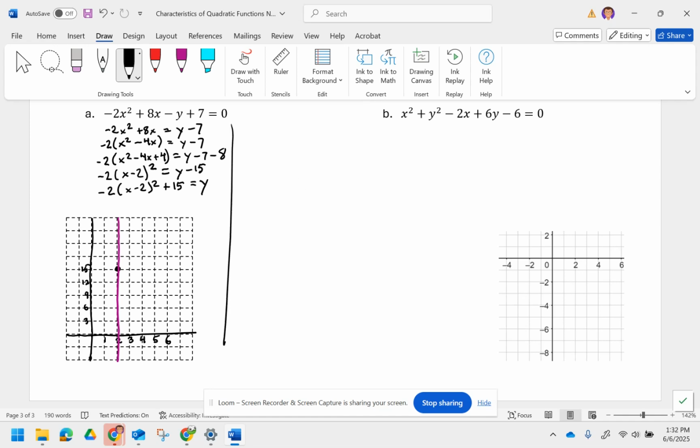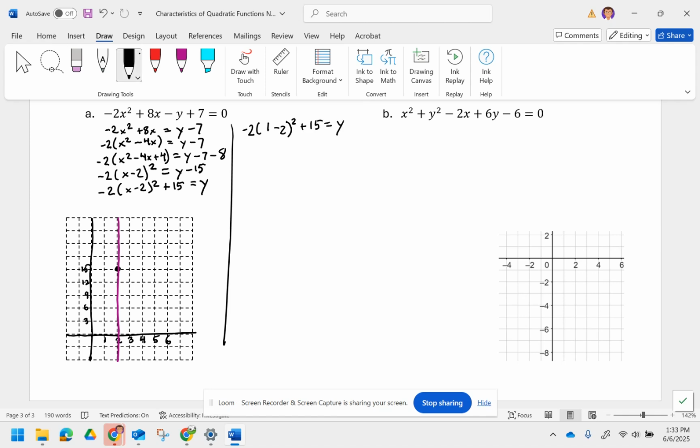So let's do negative 2 times (1 minus 2) squared plus 15 is equal to y. Oops, I ended those parentheses too soon.